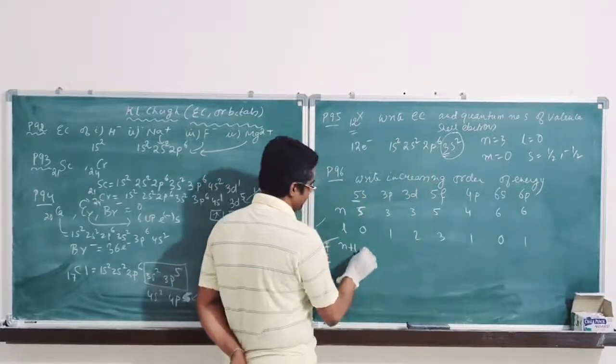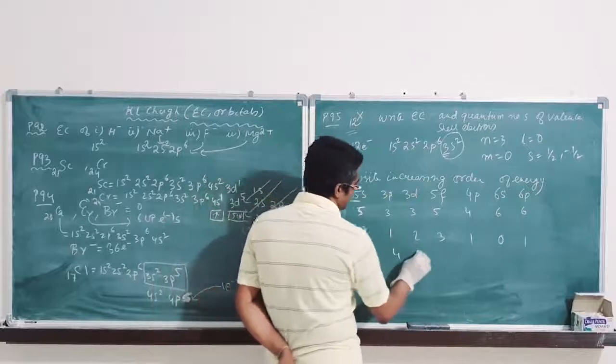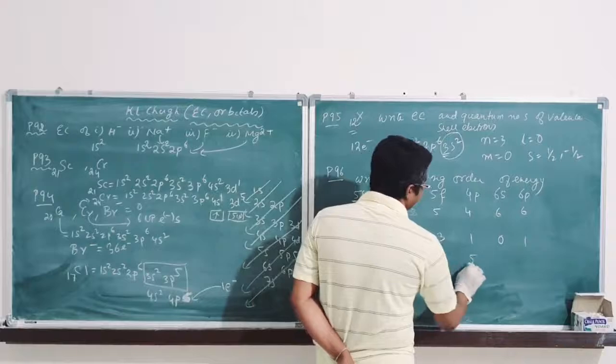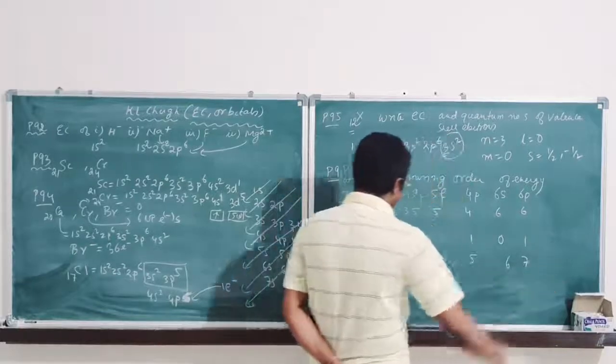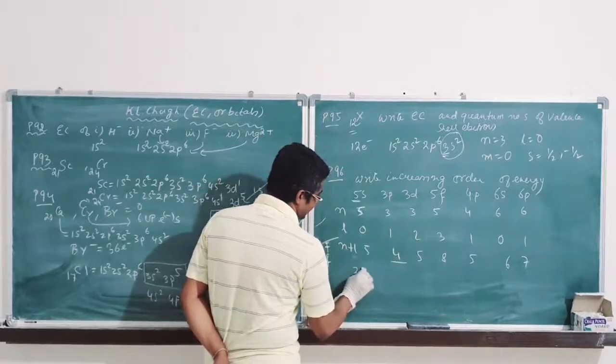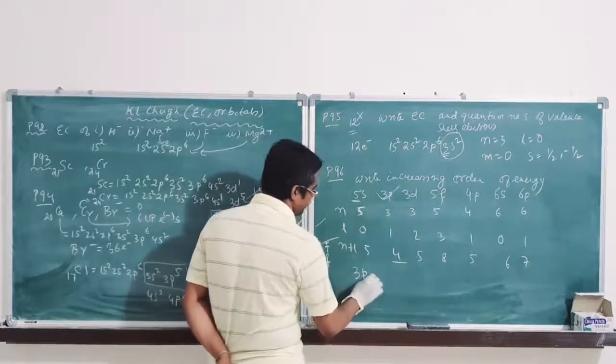Now you add them, 5, 4, 5, 8, 5, 6, 7, get the least value. Least value is 4, so this will have the least energy, 3p, done, right.